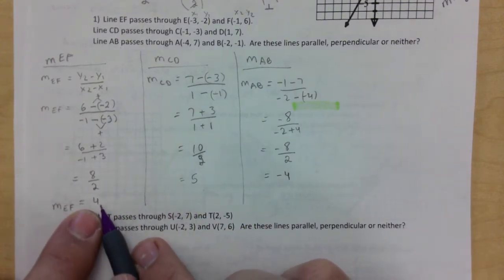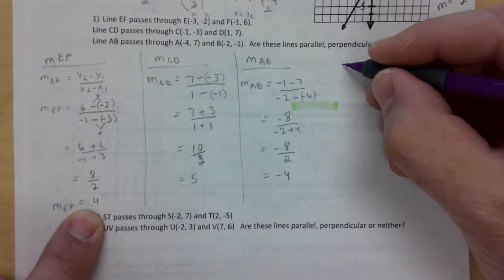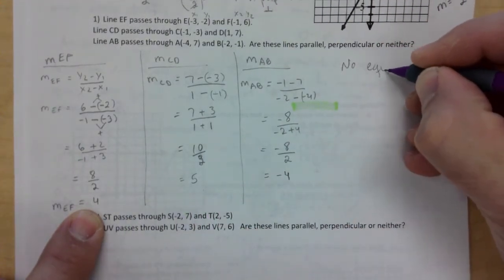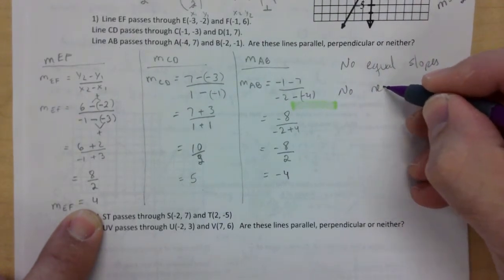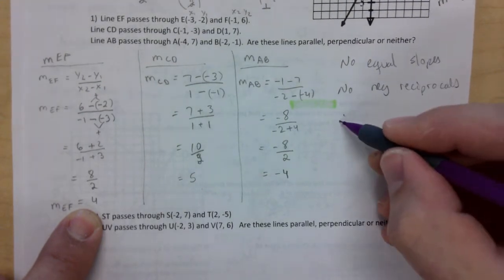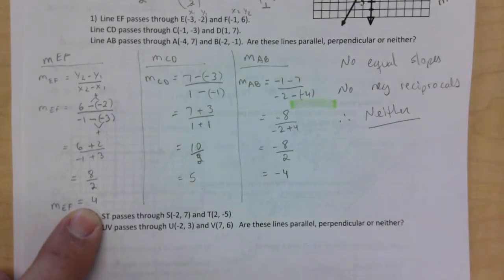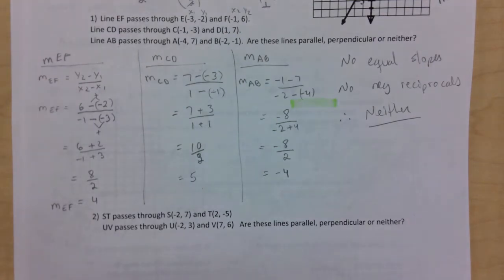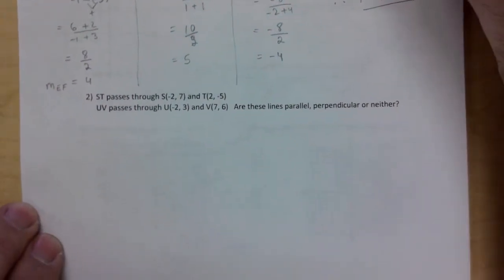A negative reciprocal of this would have been negative 1 over 4. So, no equal slopes, no negative reciprocals. Therefore, neither. These lines are just going about their way, but none of them are specifically parallel or perpendicular. Which is what we're looking for.